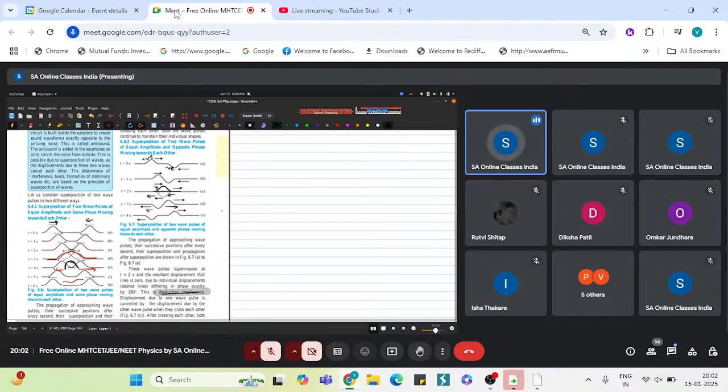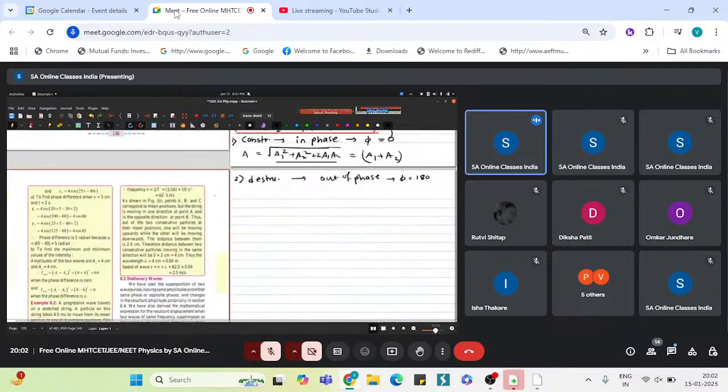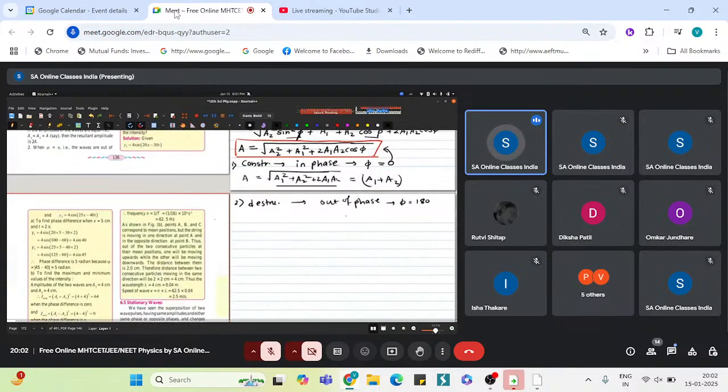This wave is at the maximum amplitude in the positive direction, and the next wave is at the maximum amplitude but in the negative direction. So this is the phase difference of 180 degrees, or pi radian. That is when destructive interference happens.